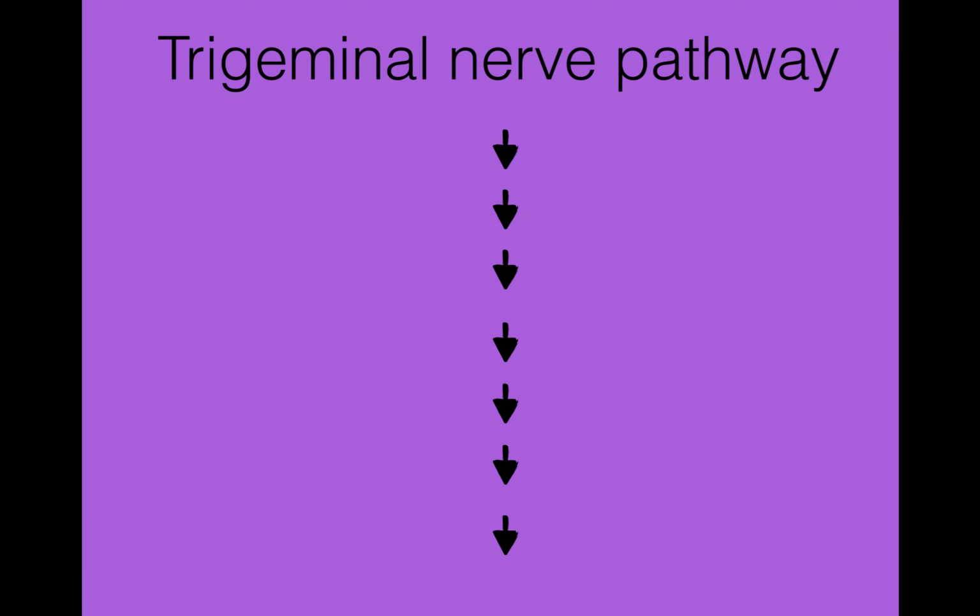And now we will have a look at the pathway of the trigeminal nerve. So the sensory fibers from the spinal, sensory and the mesencephalic nuclei form a large single sensory nerve root, and then it joins the separately emerged motor root.